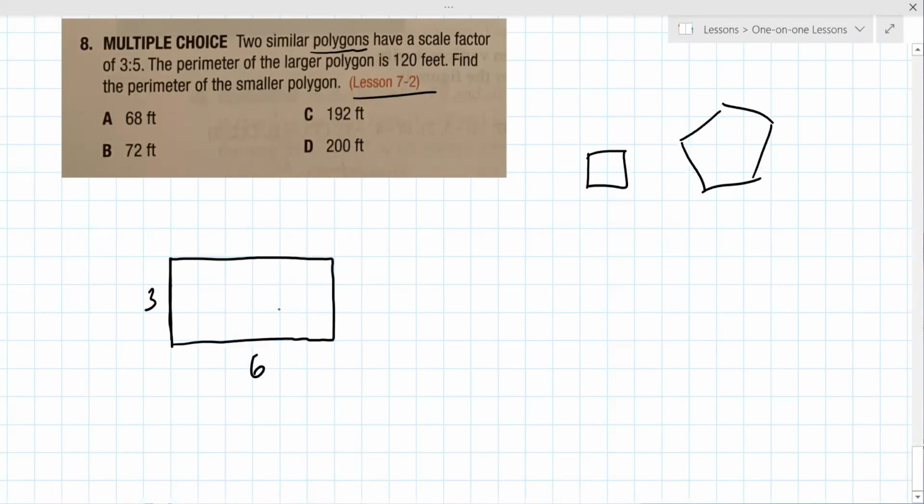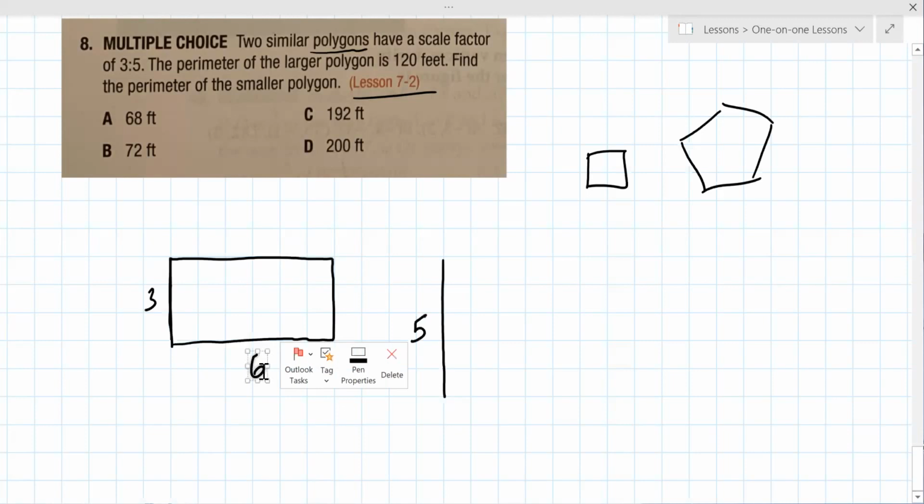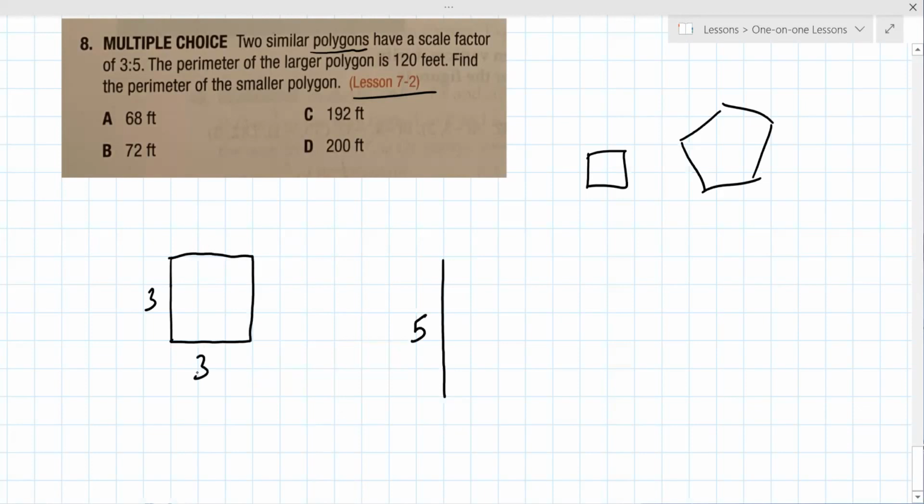It's 3 to 6. Actually, let me change the number here. Sorry. Doing a terrible job here tonight. I apologize. 3 and 3. And this is 5 and 5. And 5.